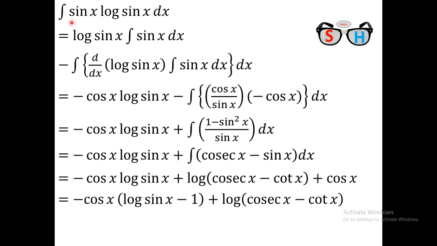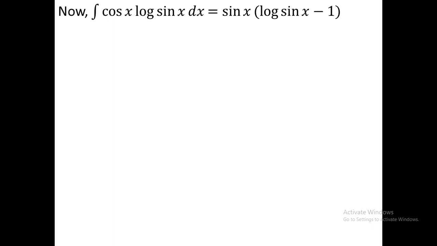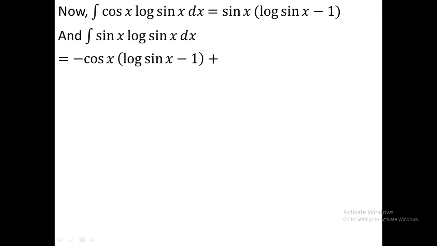So I calculate integration of sin x log sin x as well as integration of cos x log sin x. These two results will help. The integration of sin x log sin x is minus cos x into log of sin x minus 1 plus log of cosec x minus cot x.